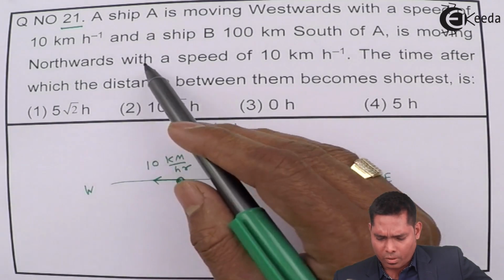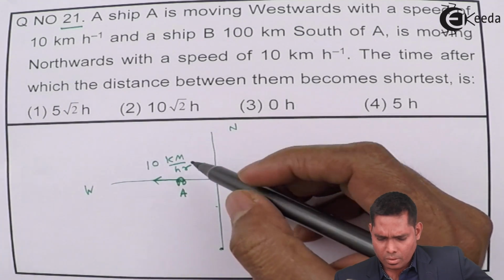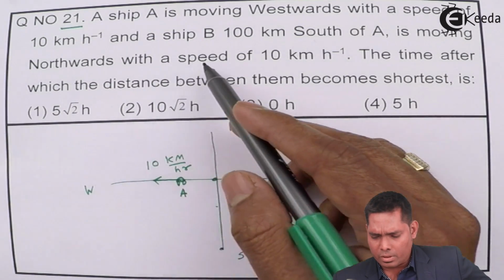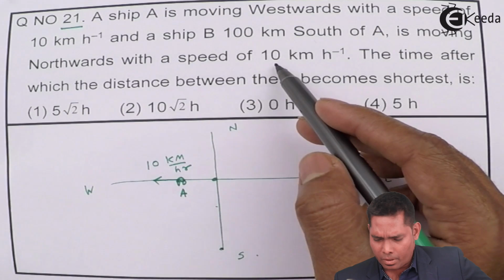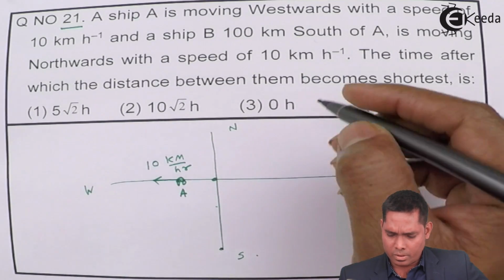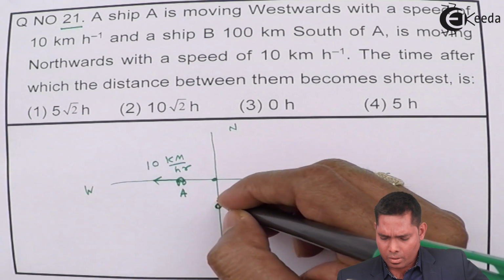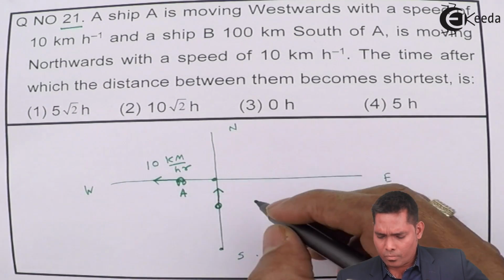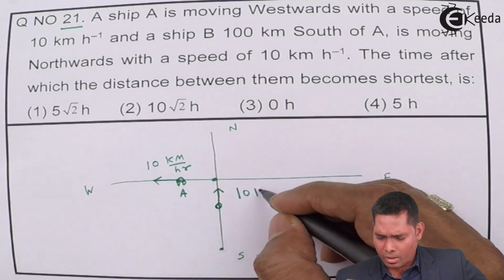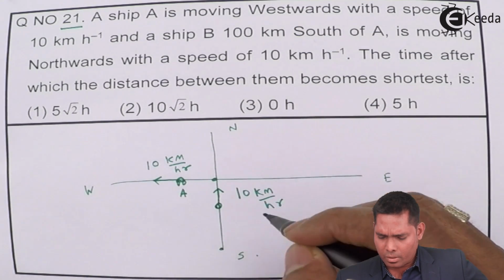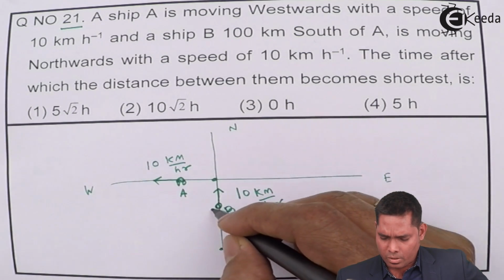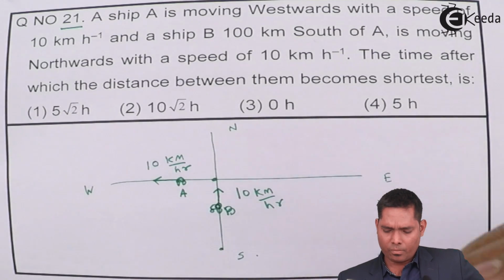It is moving northward with a speed of 10 kilometers per hour, the same speed. Now this is your B, the ship B, which is moving northward.